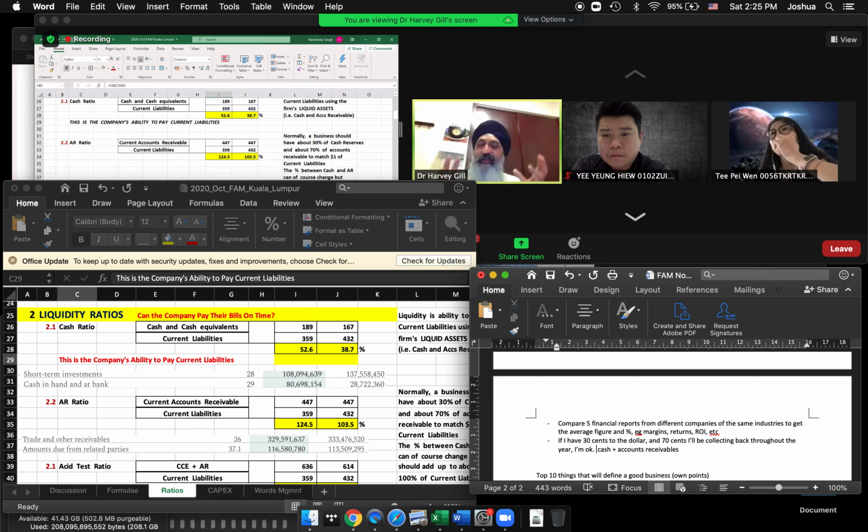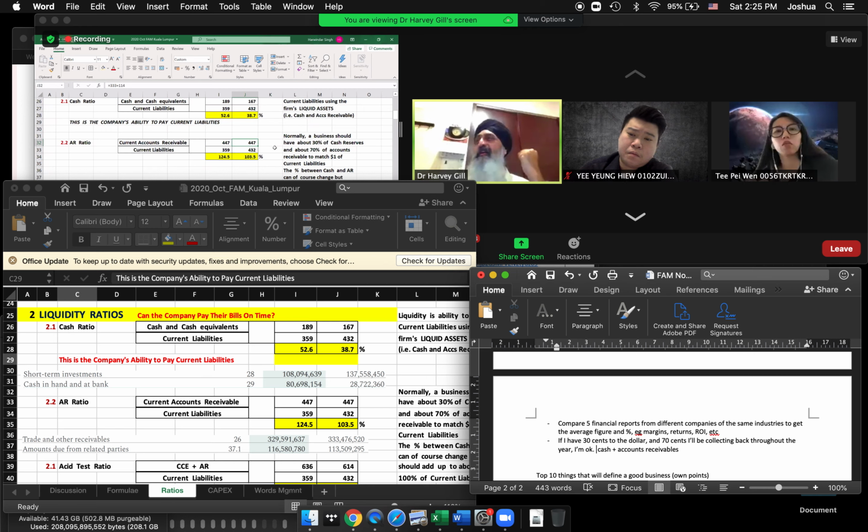So here is where you need to use a little bit of, if I may use the word, common sense and logic. Yeah, look, for every dollar of credit that these companies are taking, for every $1 of their current liabilities, which is 432, they give credit to their customers 447 during that year.